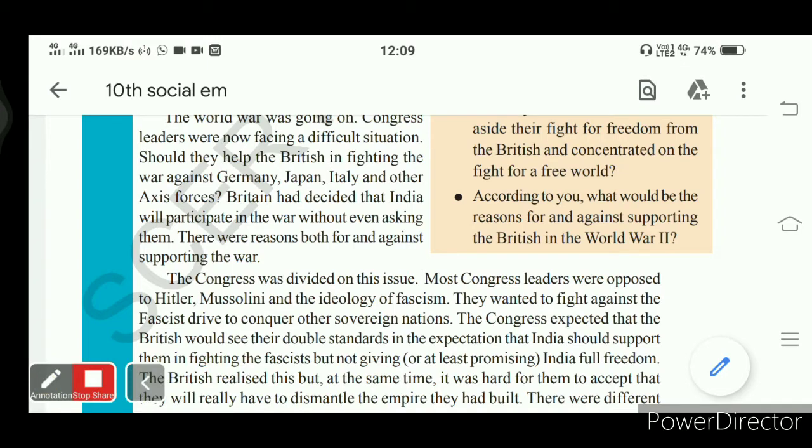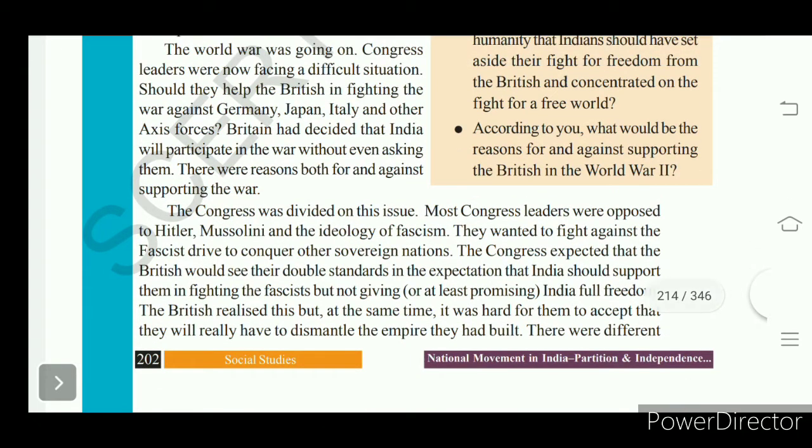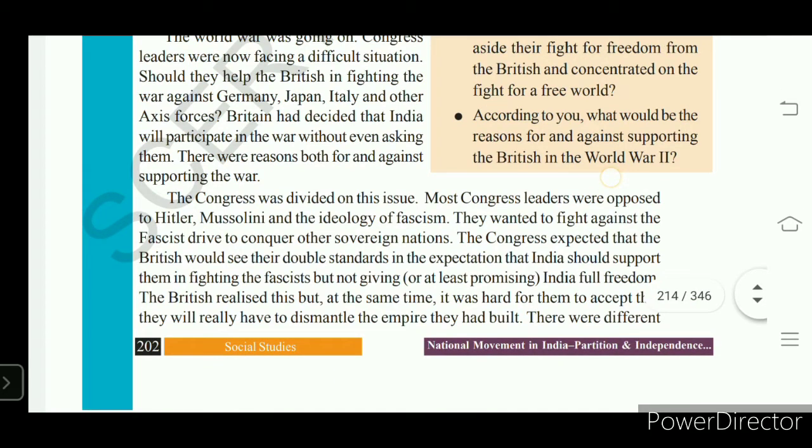So the Congress ministers felt that it is no use to be in power. Understand? So they walked out of the 8 provinces in the month of October 1939. The government formed by the Congress party in 8 provinces resigned and walked out from the government in 1939.